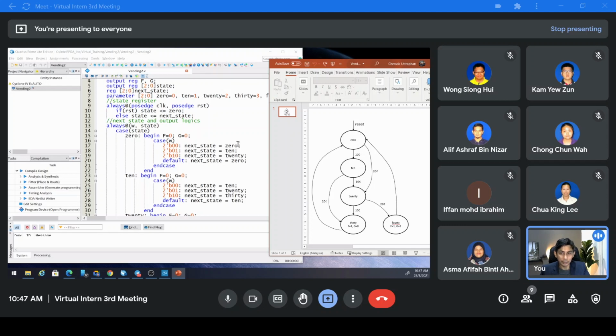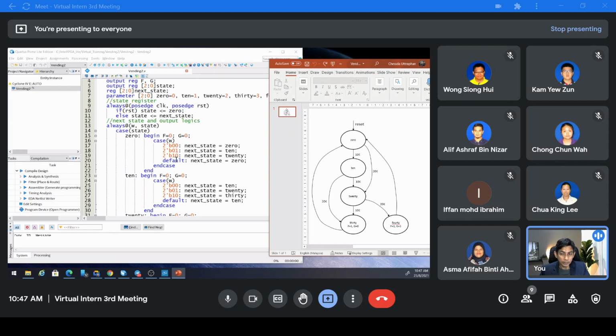So that's why we have this. But if the input is 10 cent, which means 0, 1. Remember, 0, 1 represents 10 cent. If the input is 10 cent, the next state must be 0, 0, 1 here.